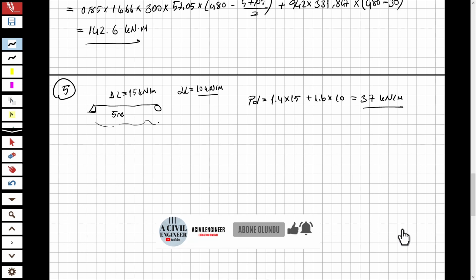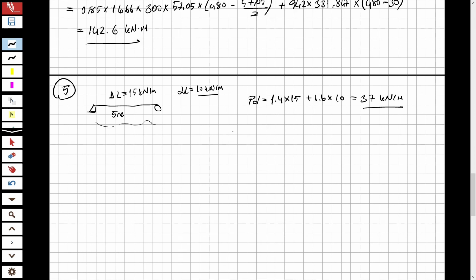Now from this, I'm going to obtain the moment as QL square over 8. What is Q? The design load, 37 multiplied by 5 square over 8. And this will be equal to 115.625 kilonewton meter.